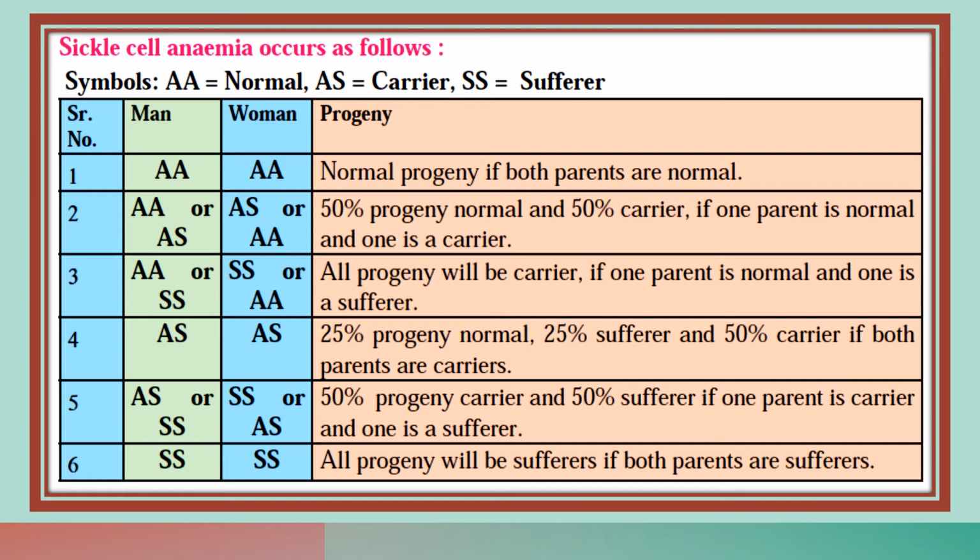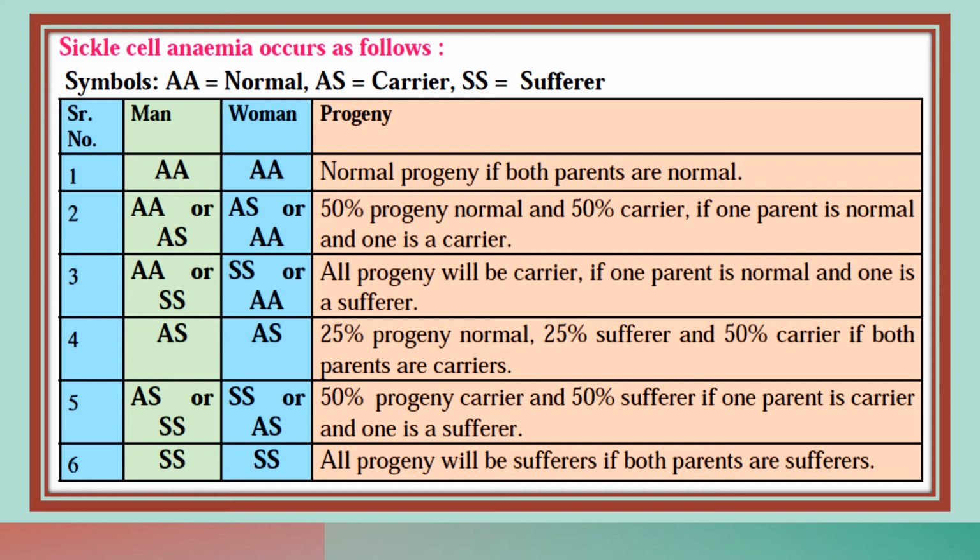Now, if we have one sufferer and one normal person, all the progeny will be carriers. If we have two carriers, then 25% of the progeny will be normal, 25% will be sufferers, and 50% will be carriers. So this is definitely not allowed, a marriage between two carriers.